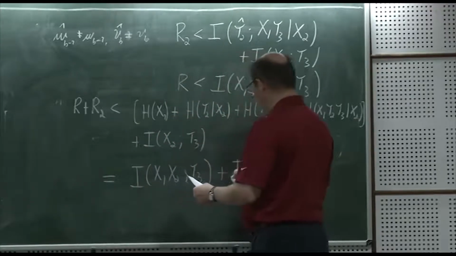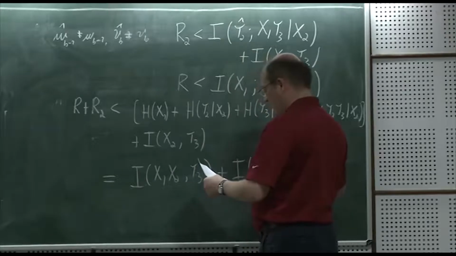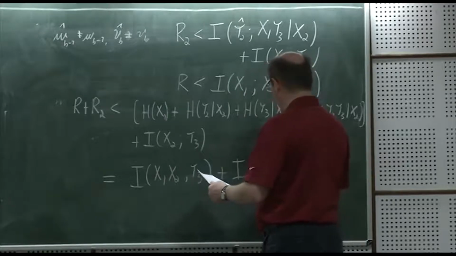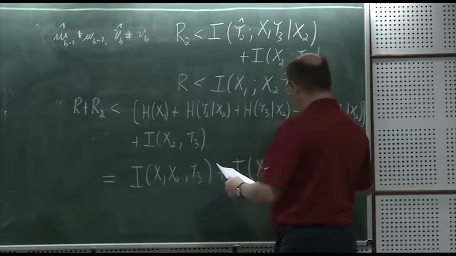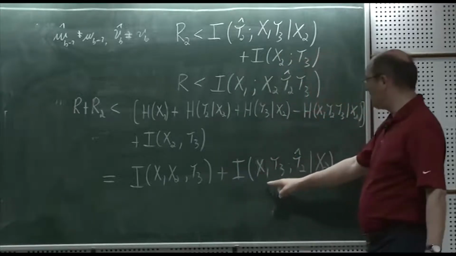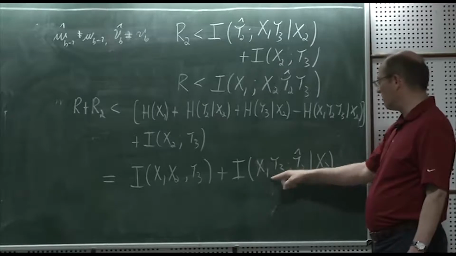plus I of x1, y3, y2 hat given x2. What I was thinking of is that here I can write this as a mutual information, but anyway, I wanted to leave it.